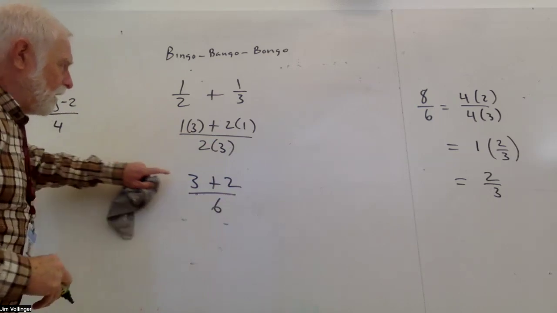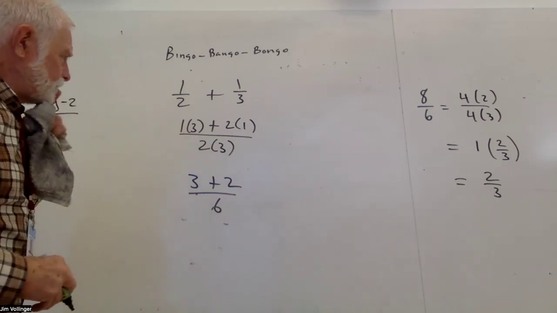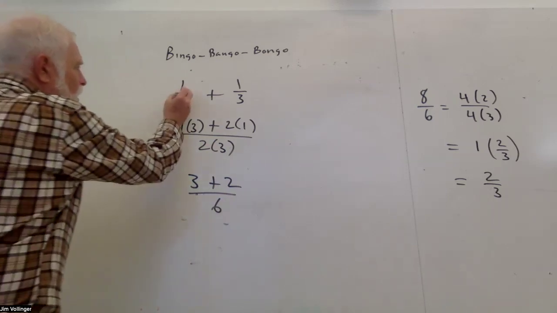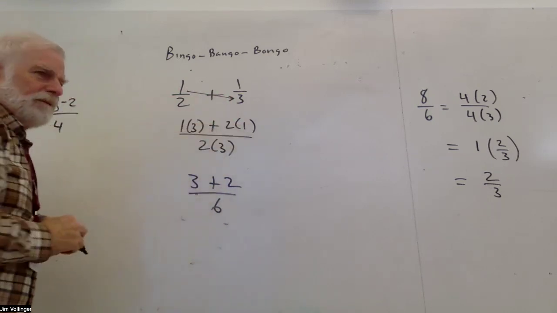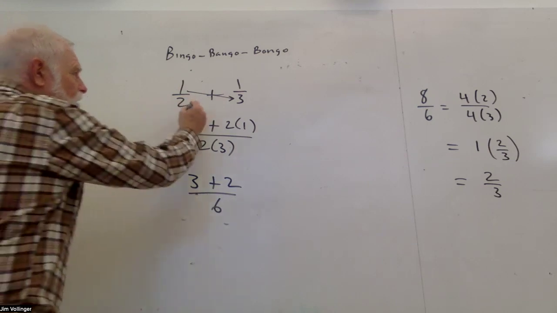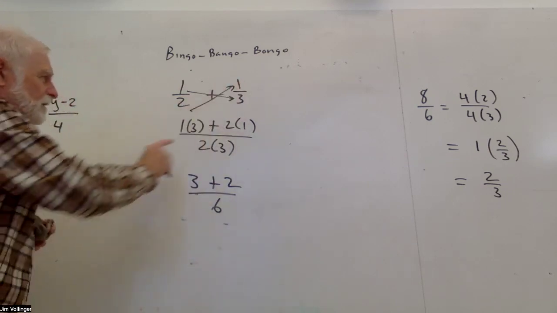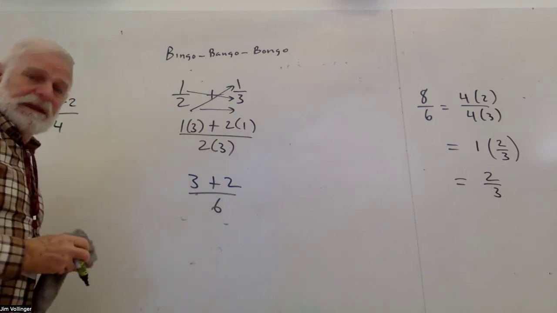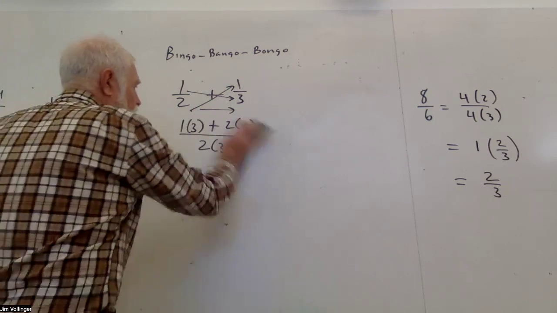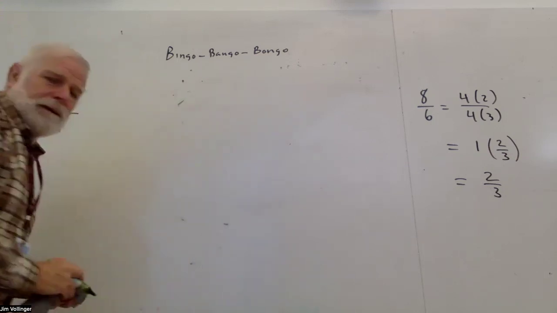Now, can I see 1 times 3? Bingo. Can I see 2 times 1? Bango. Can I see 2 times 3? Bongo. It's that simple.